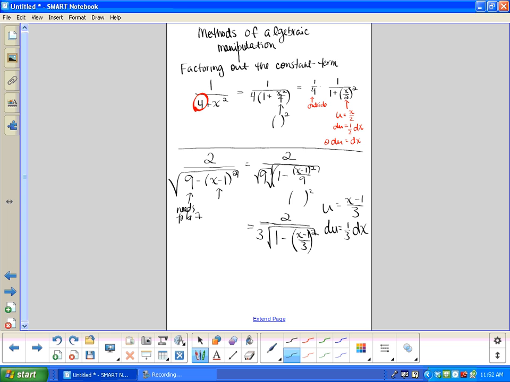Then you just set it up. We don't have a 1/3 there. I guess we kind of do, but I would just do 3 du is equal to dx, and then we would also put that 3 on the outside of the integral, and it would actually make that denominator and 2/3 cancel. All right, so let's take these methods and let's apply them to some integrals.